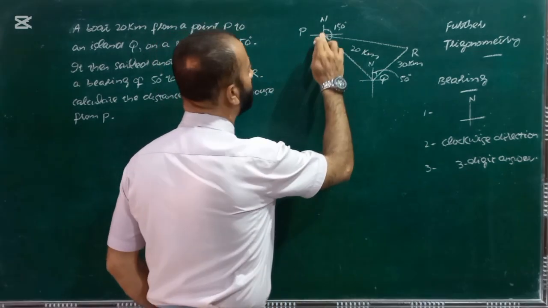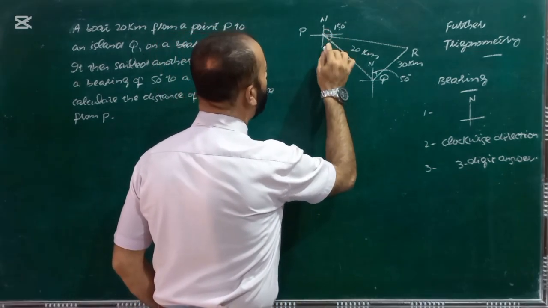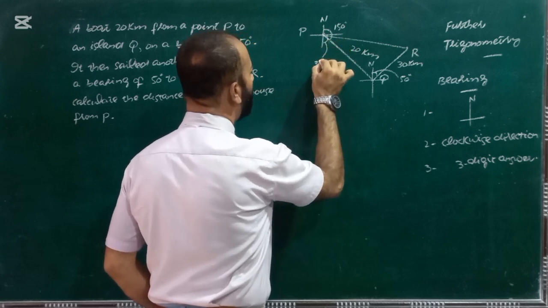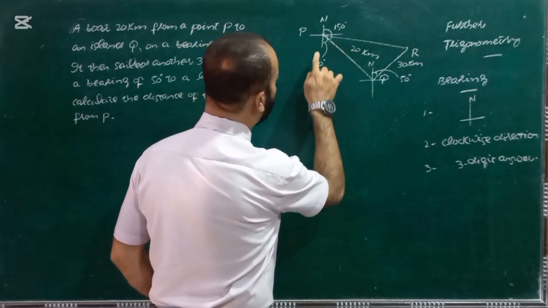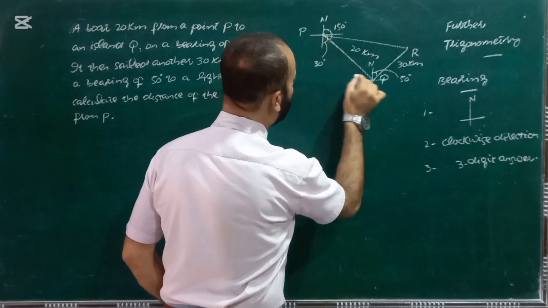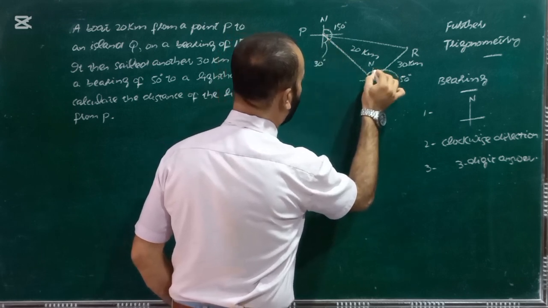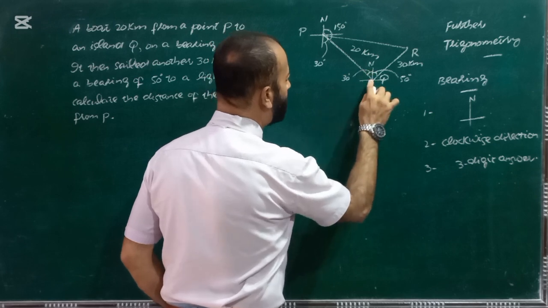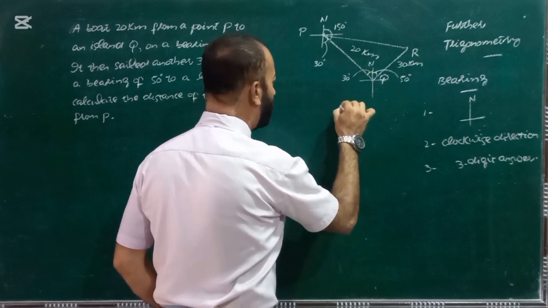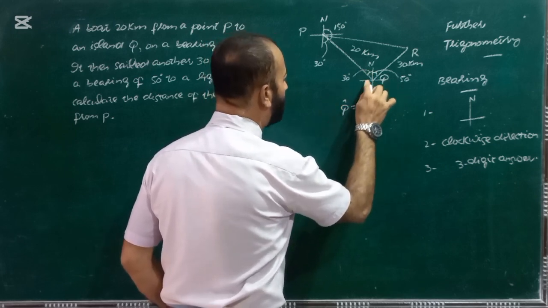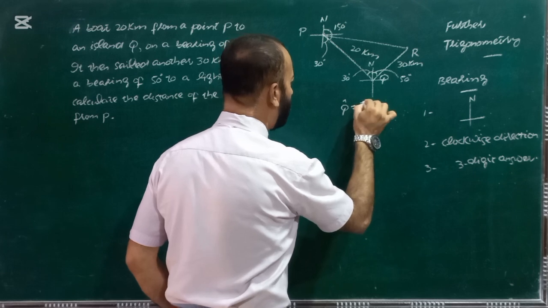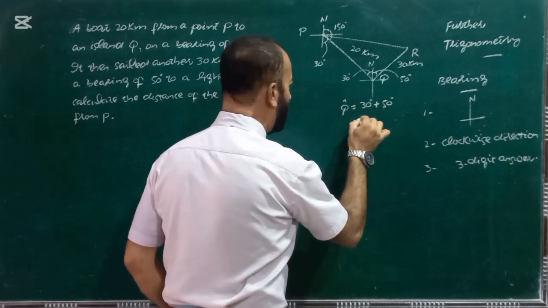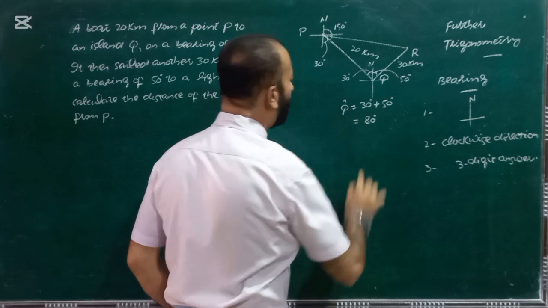Okay. So look now. Up to here is 150 degrees, so this angle will be 30 degrees. And according to alternate angles, if this is 30 degrees, this angle will also be 30 degrees. So it means we have Q angle equal to 30 plus 50 degrees, that is equal to 80 degrees.